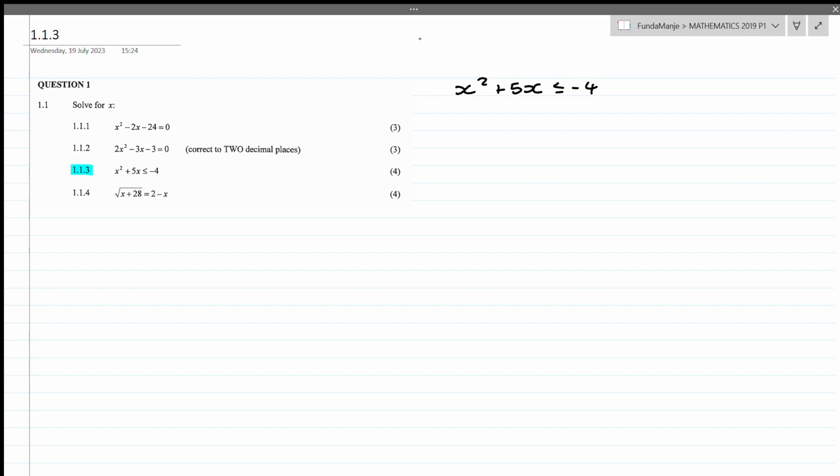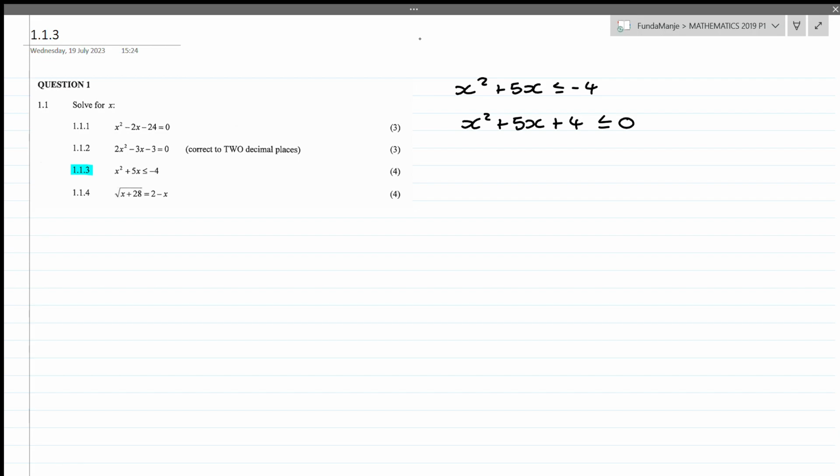So in this case, we want to get our problem into the standard trinomial form, which means you want ax squared plus bx plus c all on one side. So we move the negative 4 to the other side, giving us x squared plus 5x plus 4 is smaller or equal to 0.